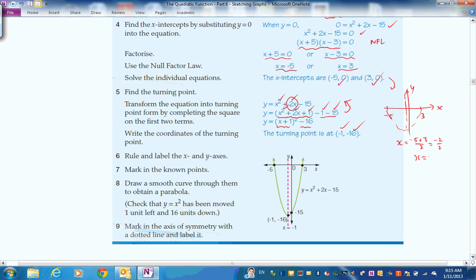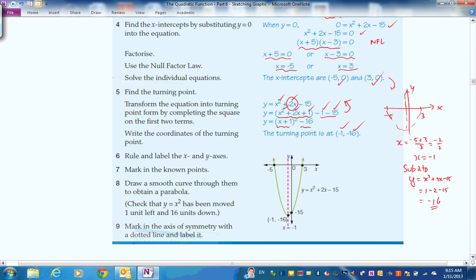So x is -1. Doing it this way, and then sub it back into y equals x squared plus 2x take 15. So putting it in, -1 squared is 1, plus 2 by -1 is -2, take 15. Yes, it checks: -16. Okay, so either of those methods, whatever's convenient.